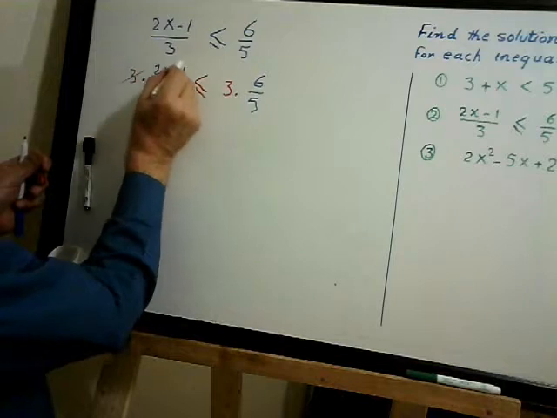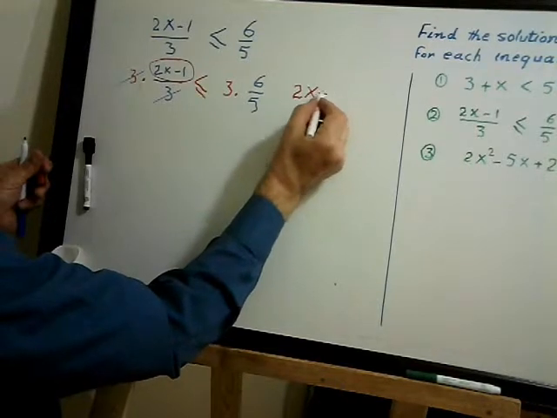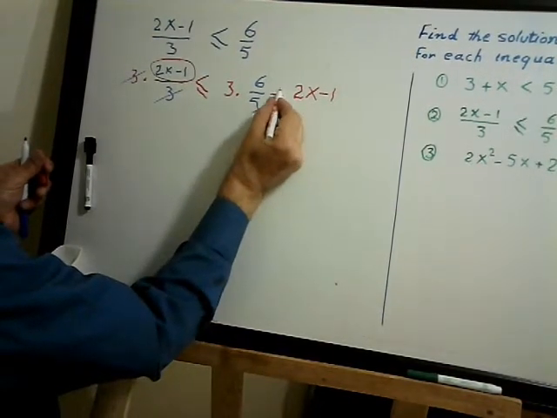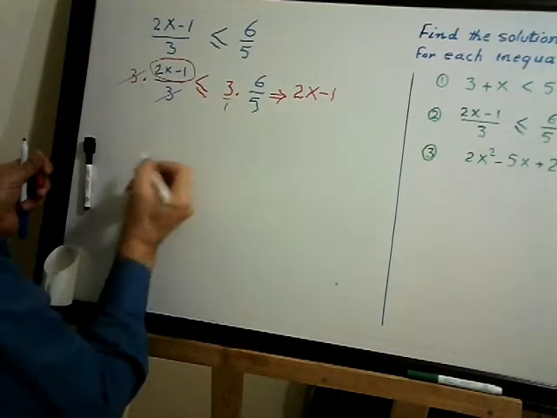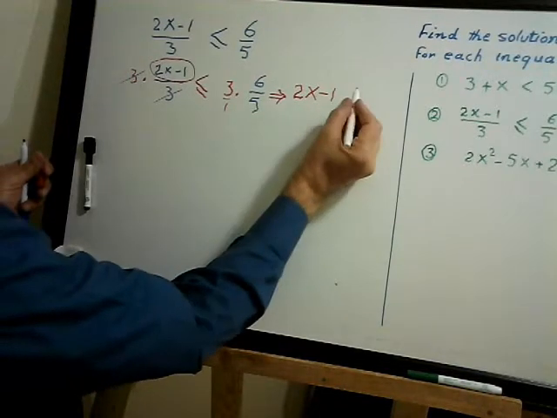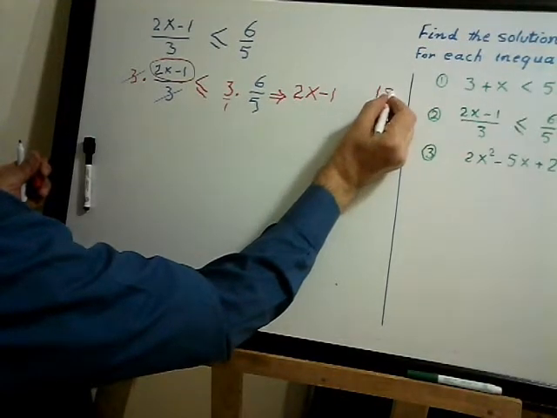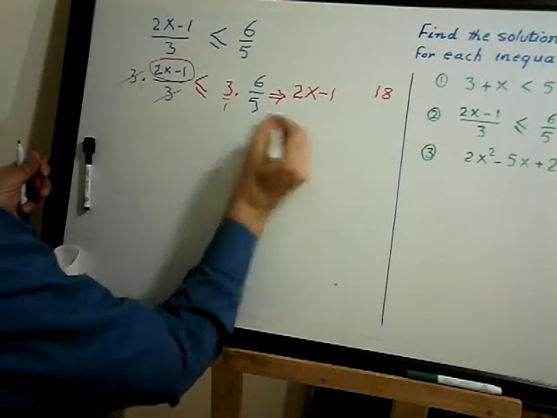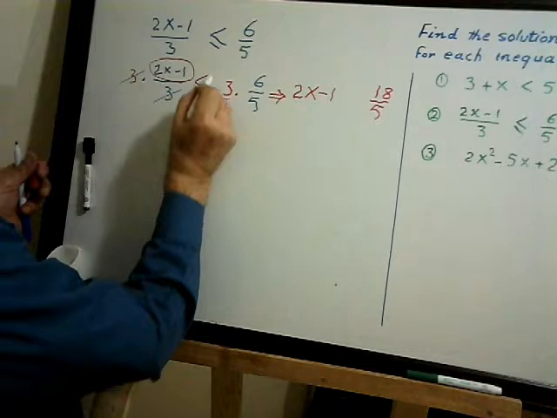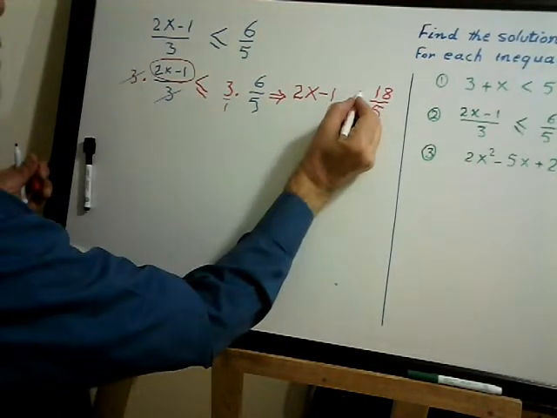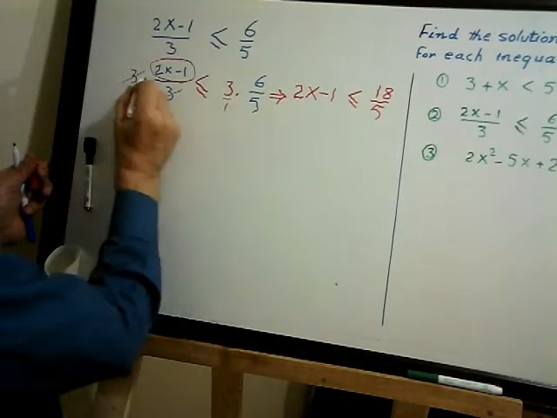Here just 2x minus 1, and here, as you know, here is 1. So 3 times 6, that's 18, and 1 times 5, it's 5. And the same sign of the inequality will stay without change, because we just multiplied by a positive number.